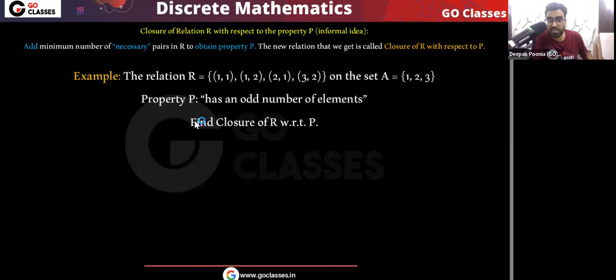Is there any pair which is necessary? If some student is giving an answer by adding some pair, then you are not focusing on the word necessary. One pair I need to add, that I know, but is there any one pair which is necessary to add? Focus on the necessary word. Tell me, is there any pair which is necessary to add here to bring this property?